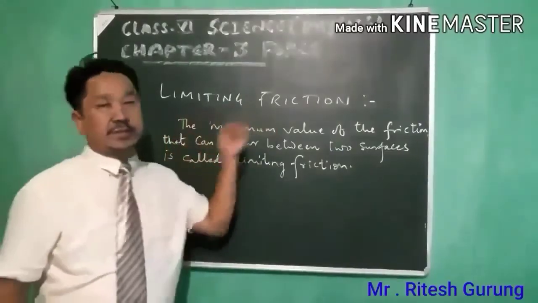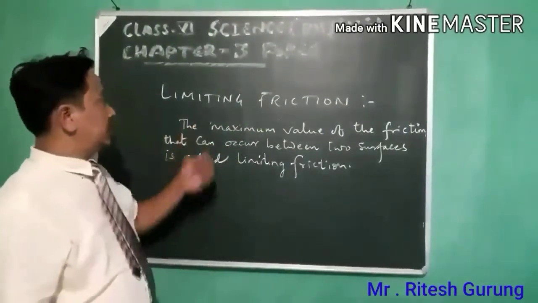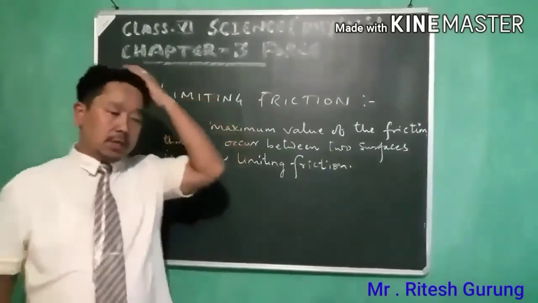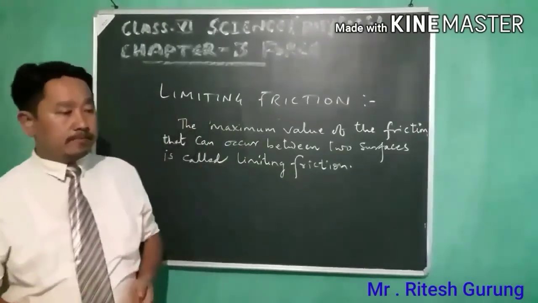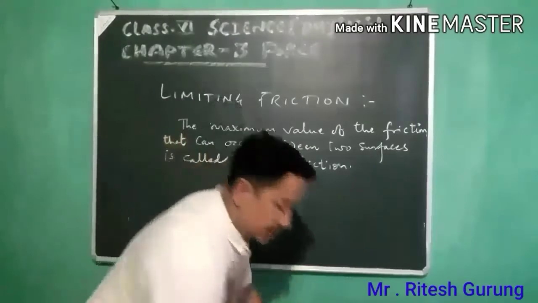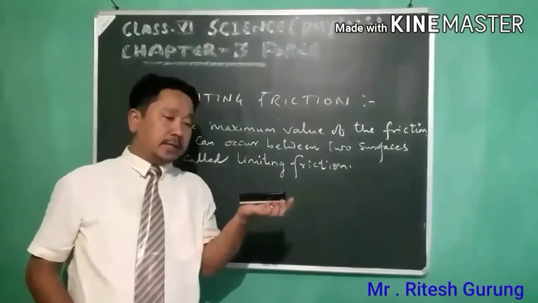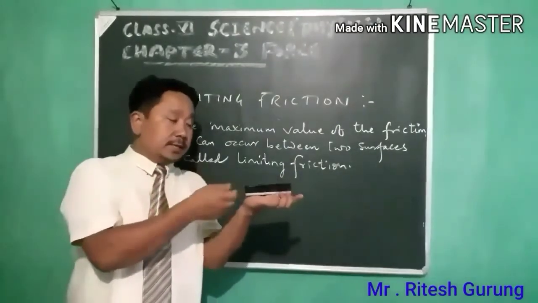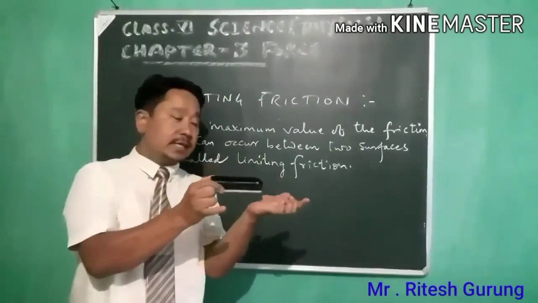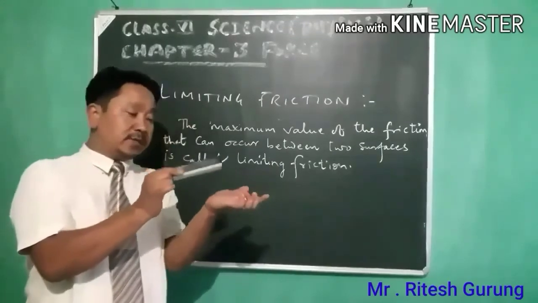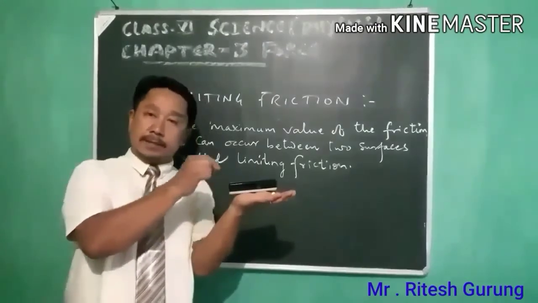Now, limiting friction. The last point of this entire chapter is limiting friction. What does limiting friction mean? Suppose something is kept on the table. The surface of this table and the surface of this duster are in contact, and there is friction.